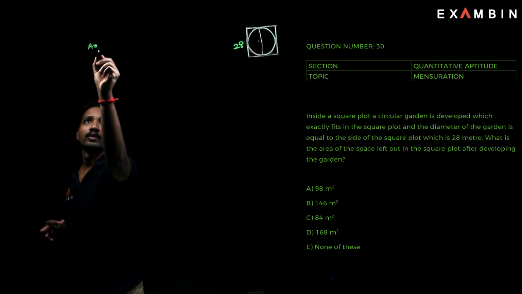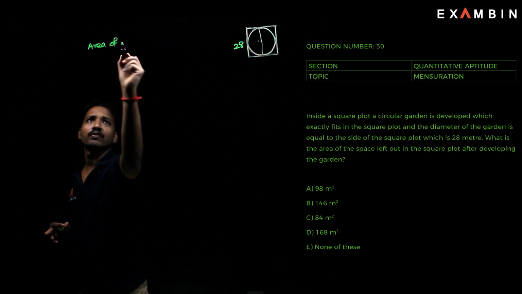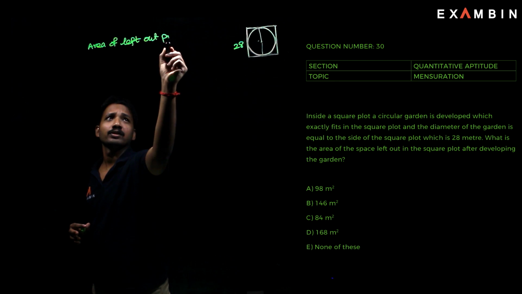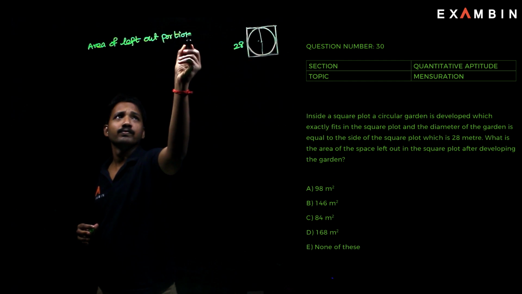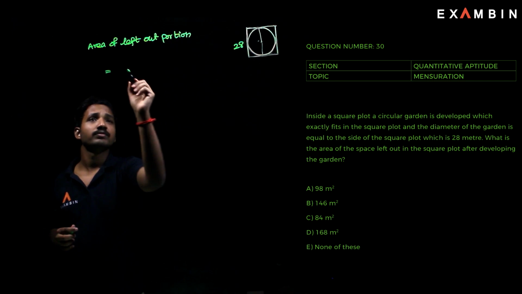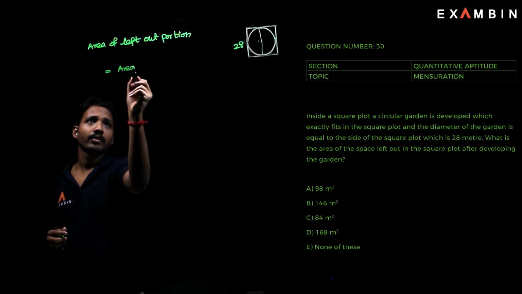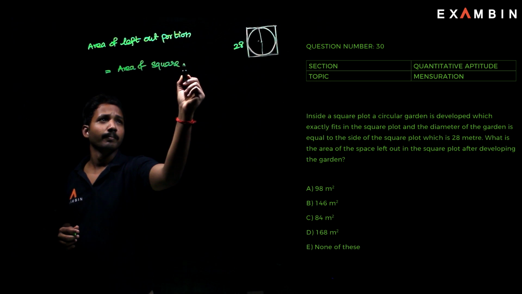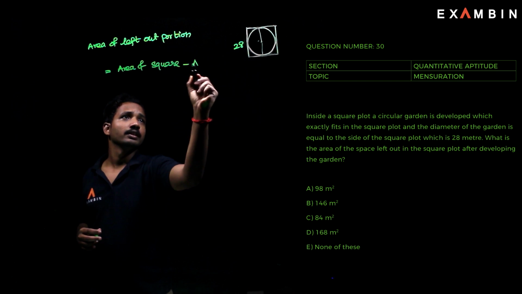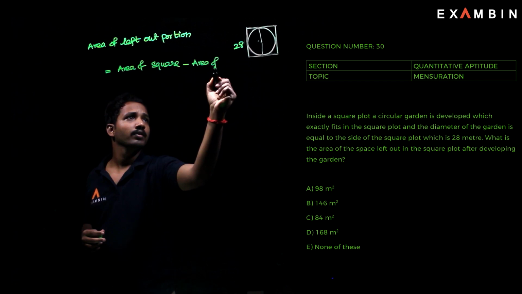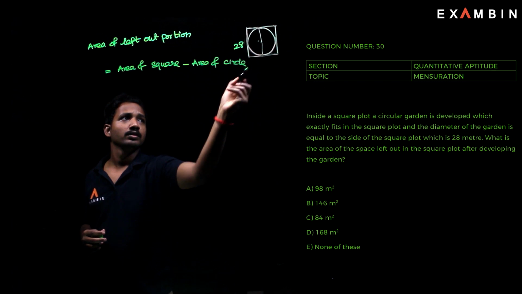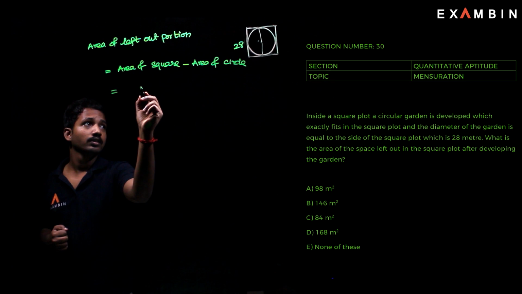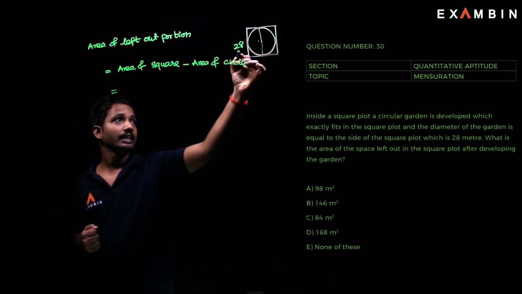So, to find the area of the left out portion, we need to find the area of the square minus the area of the circle. The area of the square is side squared.